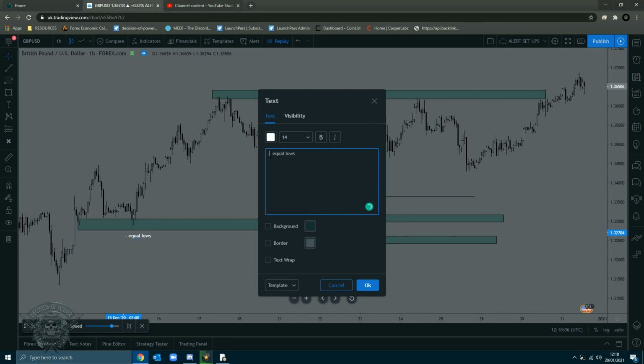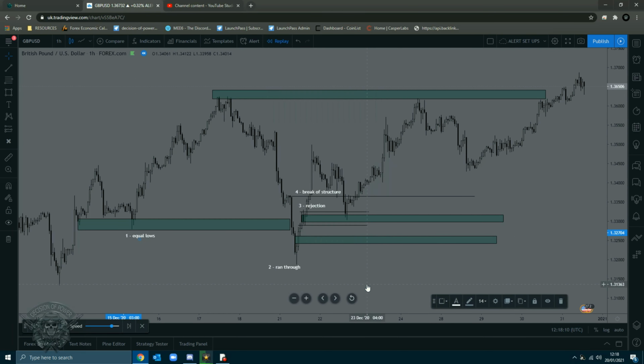This is a four-stage question setup that I've come up with in order to design my trading plan. Like I said in the last video, you don't need a huge 10-page trading plan. You don't need loads and loads of sentences.